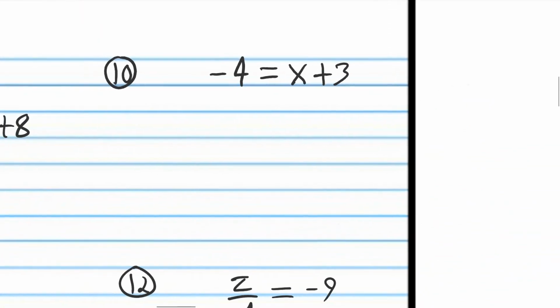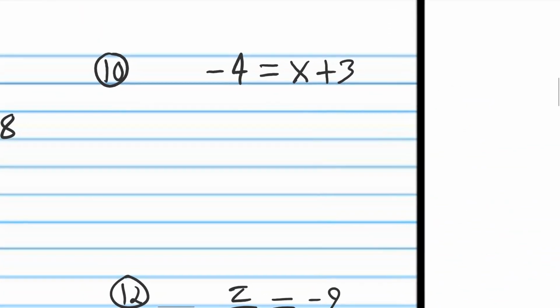All right, number 10. What is the first step? If you said rewrite the equation, you're correct. What is the second step? If you said get the variable by itself, you're correct. The opposite of adding 3 is subtracting 3. And this is where we get into an even more difficult type of notation.